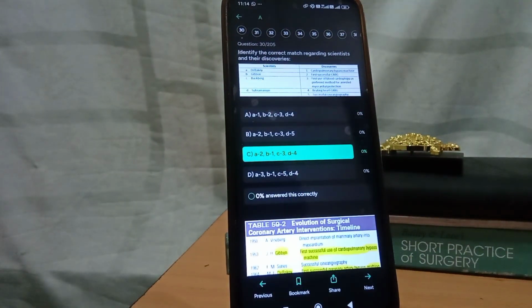Now identify the correct match regarding scientists and their discoveries. So the correct answer is C. Debakey is correct, he did the first successful CABG.